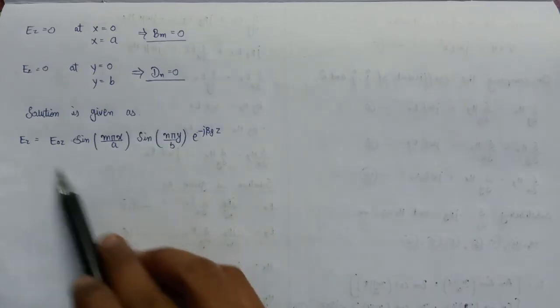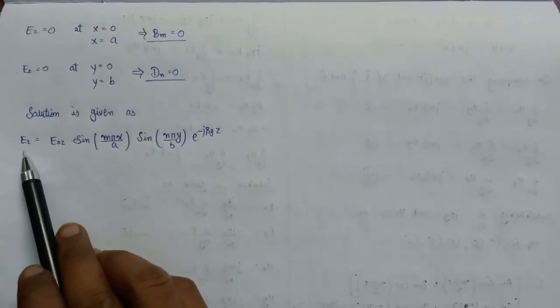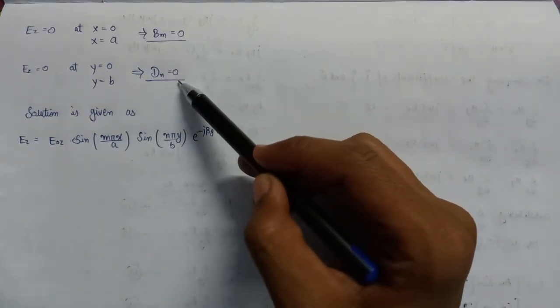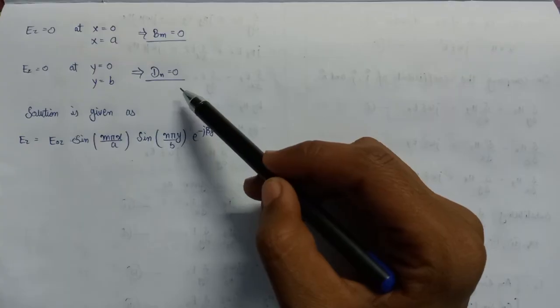This is the equation that we get for the expression of E of z after substituting B of m equals 0 and D of n equals 0 in our equation number 2.